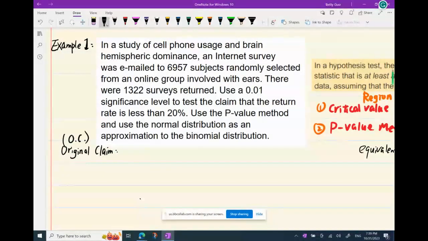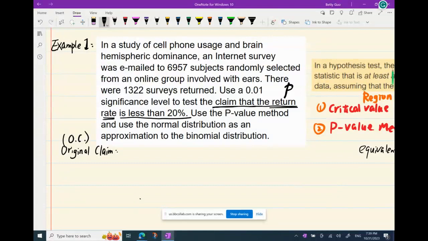Let's see what our original claim is here. There's a sentence here: test the claim. What's the claim? That's the original claim. That the return rate, which is our proportion, P or percentage P, is less than 20%.